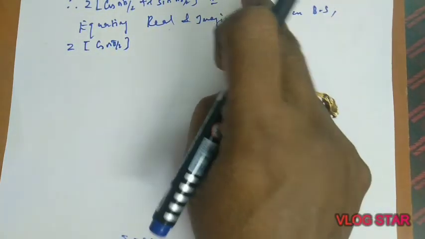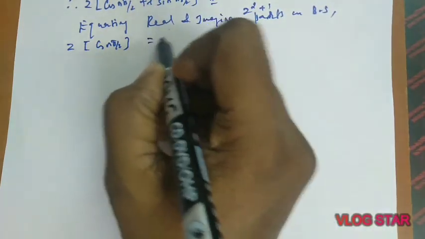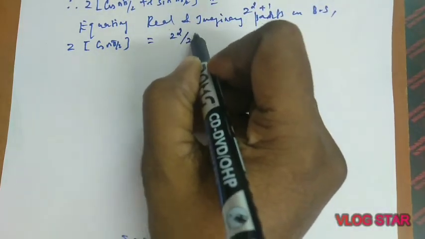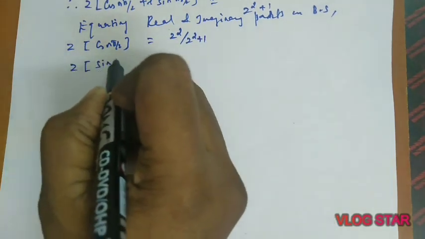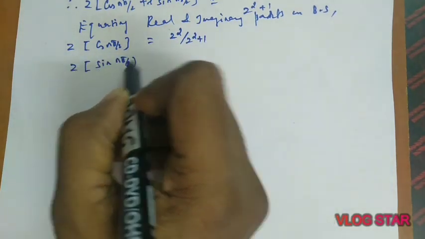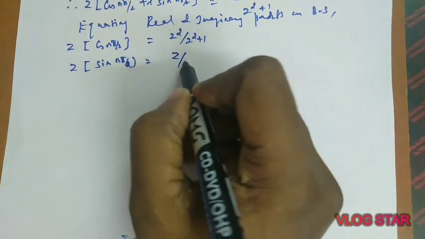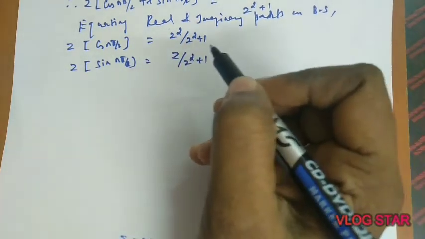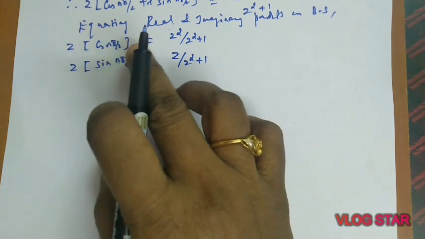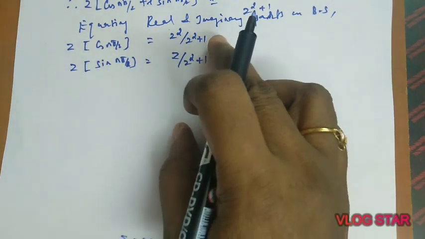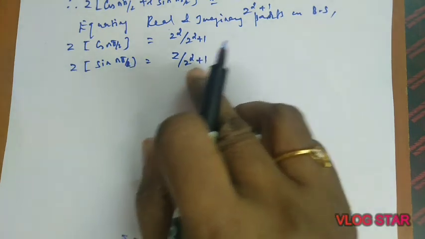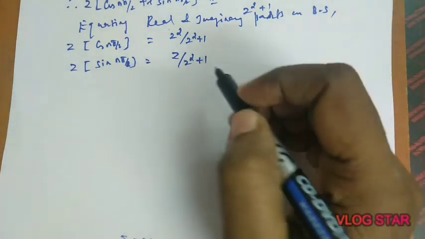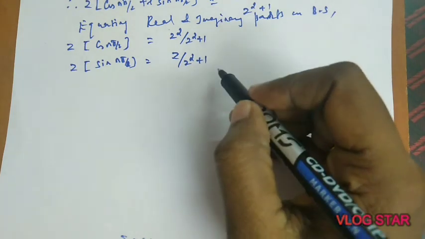Here the real part is z square by z square plus 1, and the imaginary part is z of sin n pi by 2, which is equal to z by z square plus 1. So the z transform of cos n pi by 2 is z square by z square plus 1, and the z transform of sin n pi by 2 is z by z square plus 1. This is the answer for the third question.